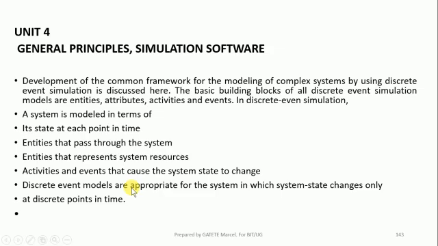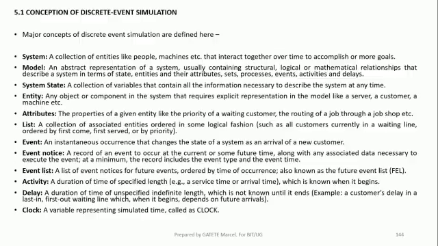It means that discrete event models are used to model discrete systems whose state changes only at a discrete point of time, that is, at any specified time during the simulation time.